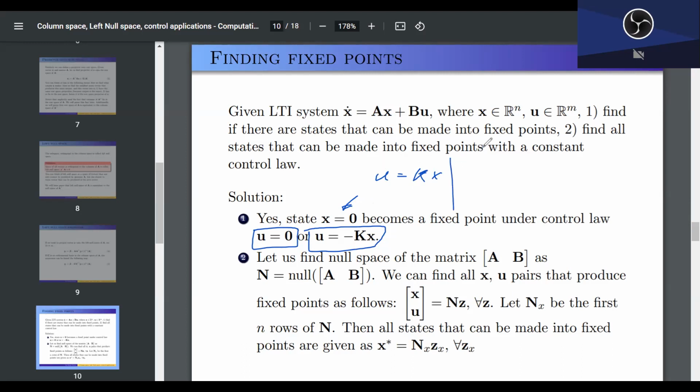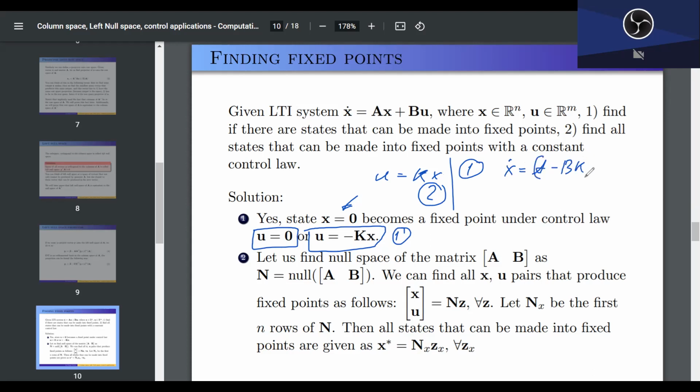But what is interesting, let's just consider those two control laws. This is 1, this is 2. So 1 would give us a closed loop system of this form.